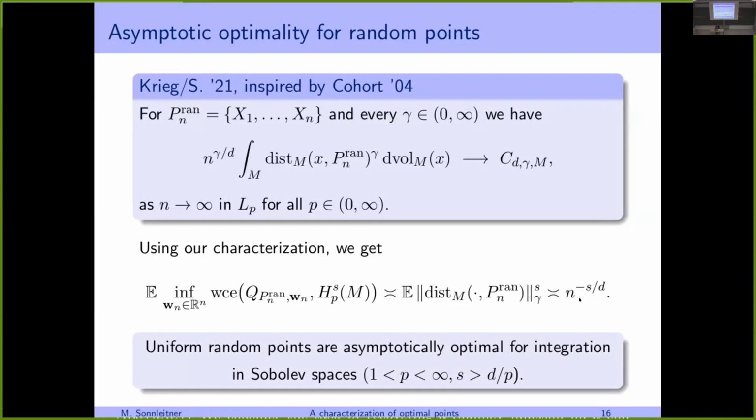And to summarize, for these random points, we see that they are asymptotically optimal for numerical integration in Sobolev spaces for these parameters, which is kind of interesting to know: one does not have to look for specialized point sets if one is willing to compute the weights, which may be a difficulty in itself, but I do not discuss this.